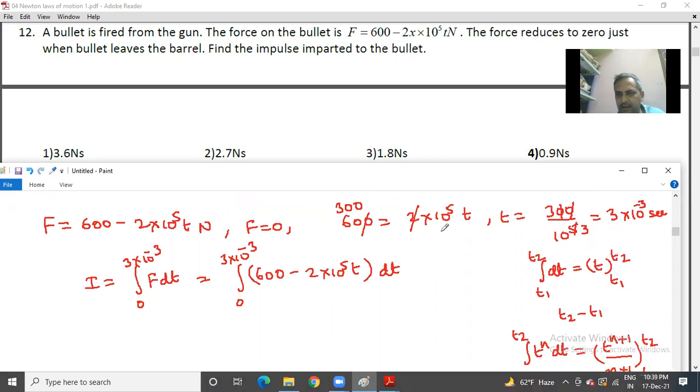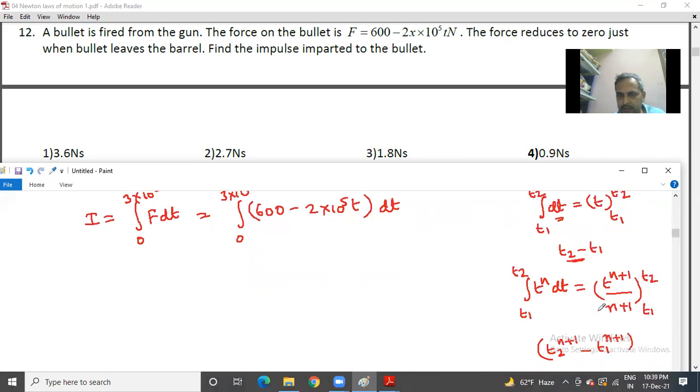Instead of t, you may also get x. If it is x with lower limit x1 and upper limit x2, you get x2 minus x1. Similarly, in place of t^n, you may get x^n with limits x1 and x2.